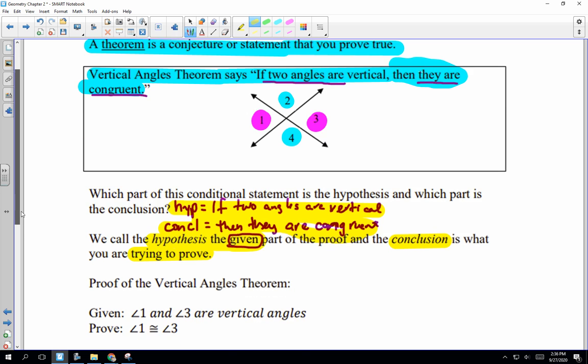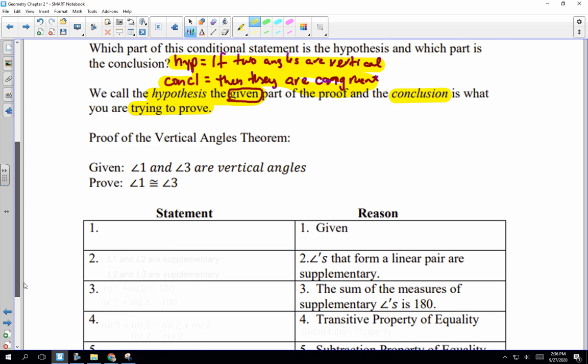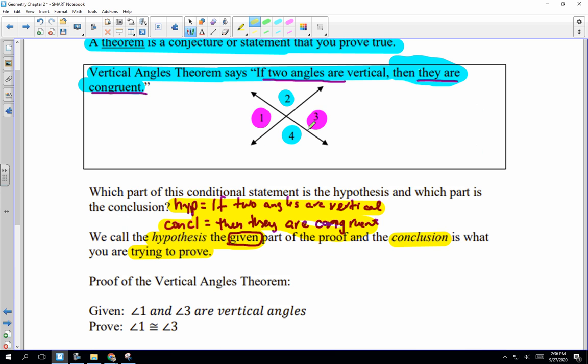So let's look at the vertical angles proof right here. This is very exciting. This is our first for-real, it's-happening proof. Given: angle 1 and angle 3 are vertical angles.